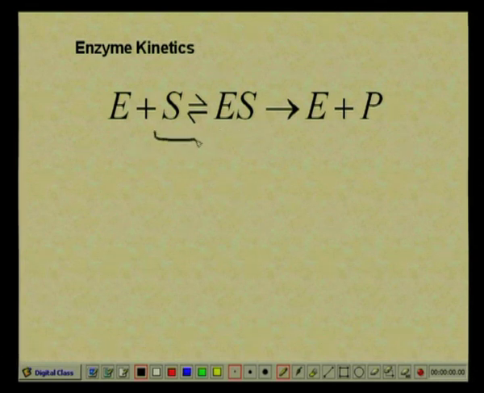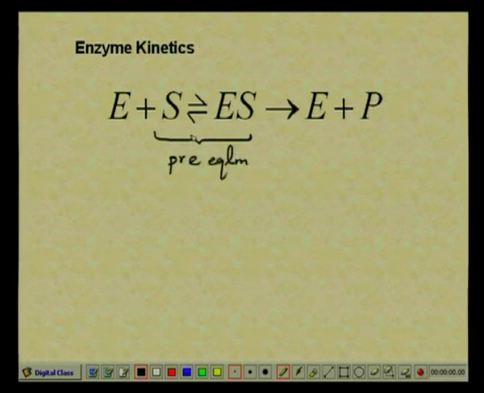This is our pre-equilibrium step. This is a very simplistic way of writing an enzyme kinetic reaction, but nevertheless we will consider the kinetics of this reaction now for the definition of certain terminologies.